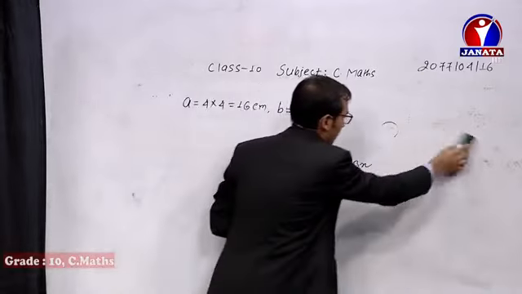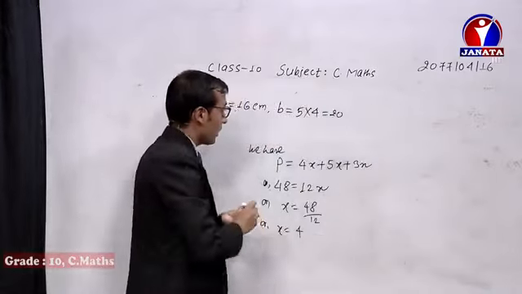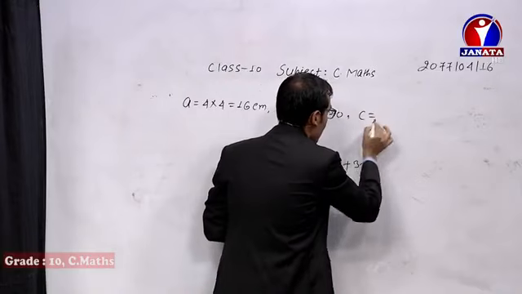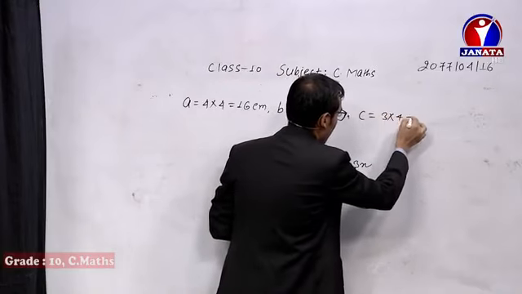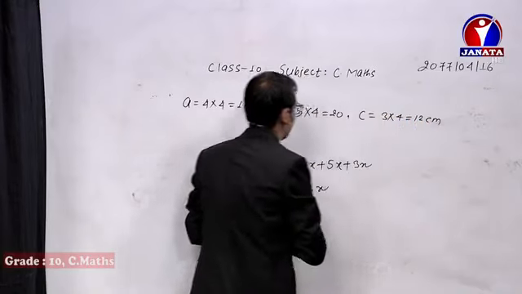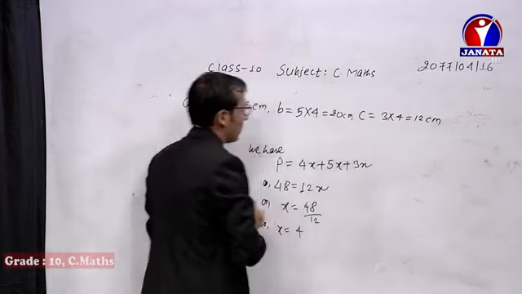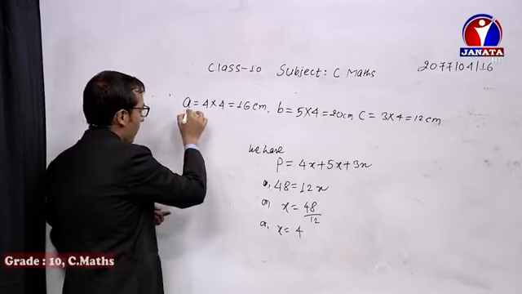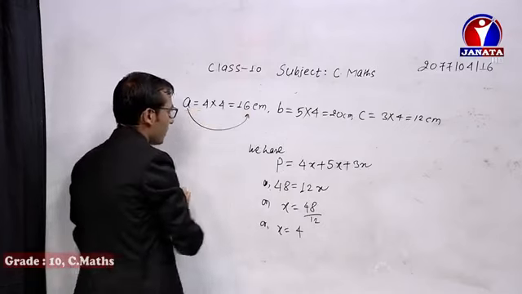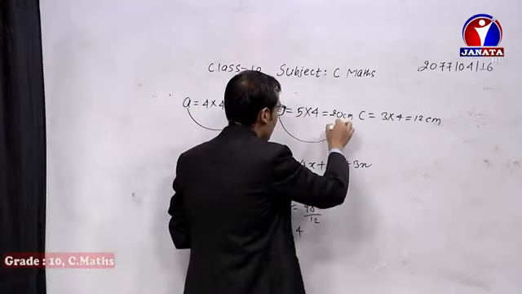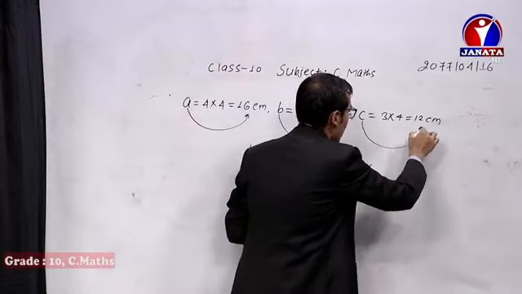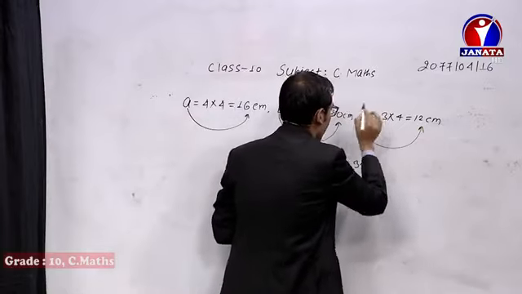Similarly, what is the third side of a triangle? C is 3 times 4, which is 12 centimeter. So what are the different sides? A is 16, B is 20 and C is 12 centimeter.